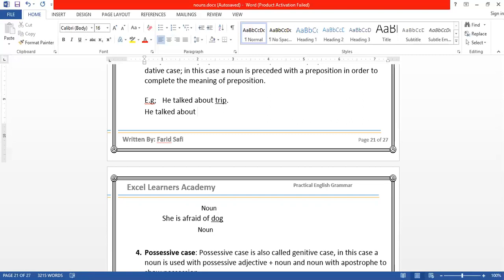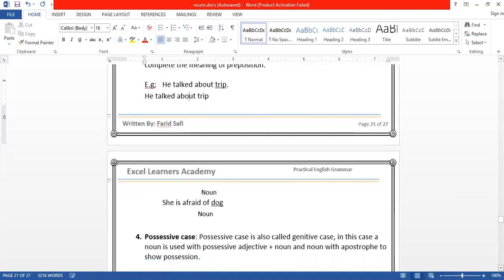In order to complete the meaning of the preposition, we need a noun in this case. So, he talked about trip. So trip completes the meaning of the preposition about. So that's why we say this noun is called the complement of preposition. Clear? Because it completes the meaning of the preposition.